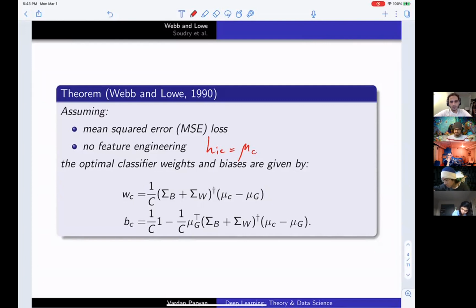So let us try. If one plugs in the assumption that the within class covariance is 0, then the optimal classifier becomes sigma B plus 0, pseudo inverse, times mu c minus mu g, right?